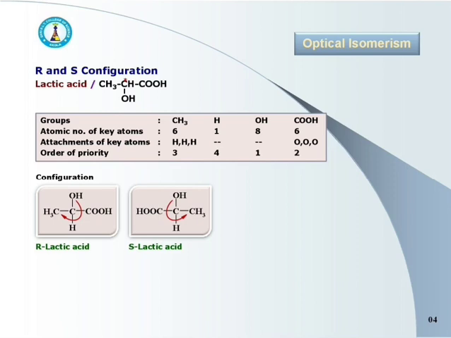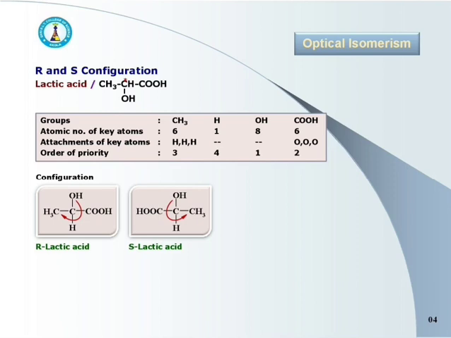Here the key atom oxygen of the OH group has the highest atomic number, that is 8, so the OH group has first priority, whereas hydrogen has the lowest atomic number, that is 1, so hydrogen has fourth priority. Now the groups CH3 and COOH both have the same key atom, carbon, with atomic number 6.